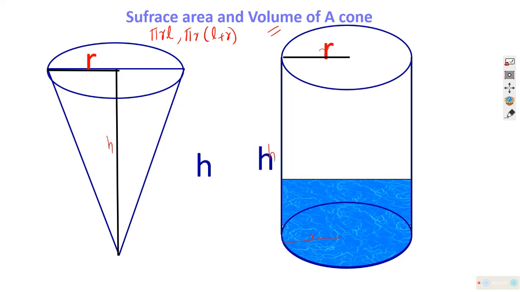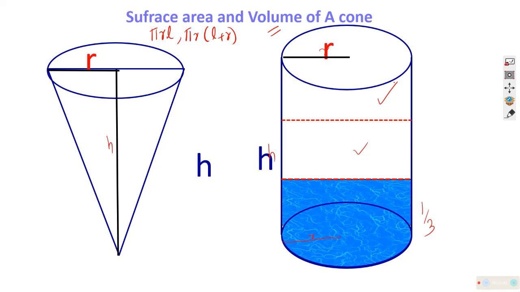It so appeared that it could fill 1/3 of the cylinder. If you take one more cone of water, it will fill up here. It will fill up completely by the third measure.